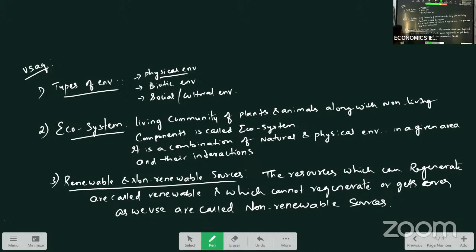You will be preparing pollution, environmental degradation, and sustainable development. And VSAQs: types of environment, ecosystem, renewable and non-renewable sources. When you prepare your SAQs also, you will get your VSAQs from that. So prepare these questions.